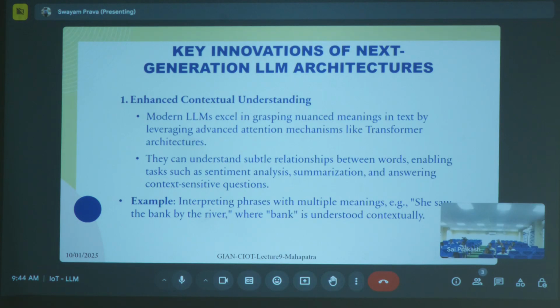So, the previous example that we saw, where the model was trying to interpret phrases with multiple meanings, like she saw the bank by the river, where the word bank should be understood contextually by the LLMs.